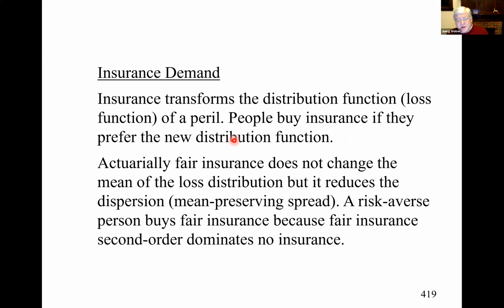And if you prefer that new distribution function to the old one, then you buy insurance. So here I have a bit more general approach: insurance just changes the distribution functions of the perils, and it reduces the risks, but maybe it does not remove all the risks.